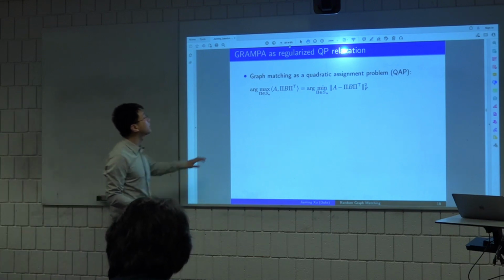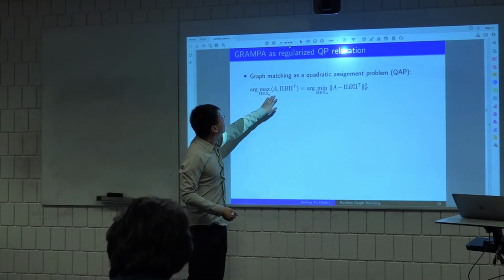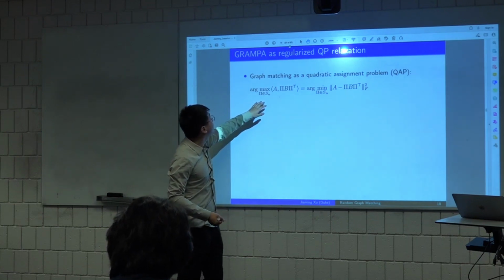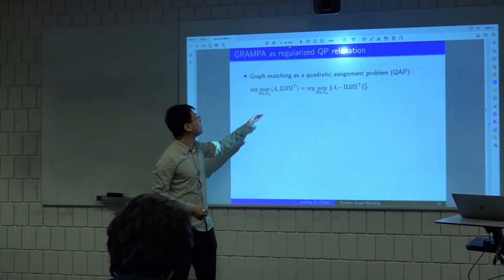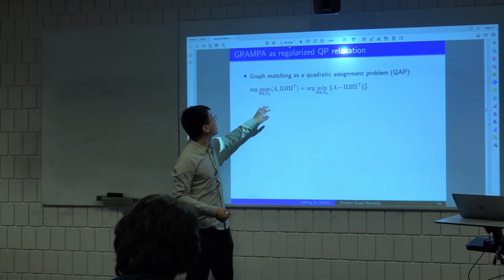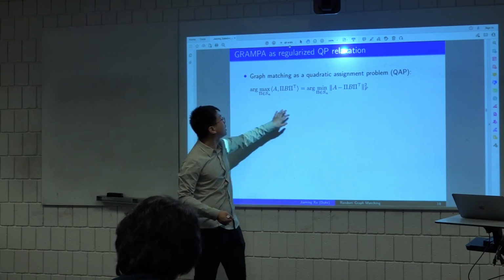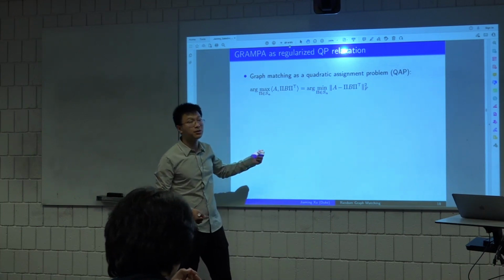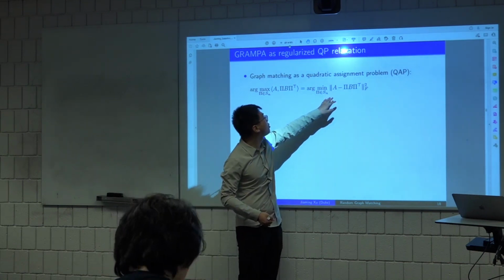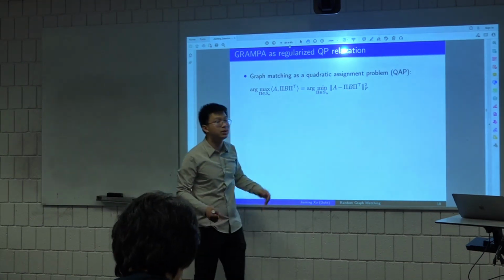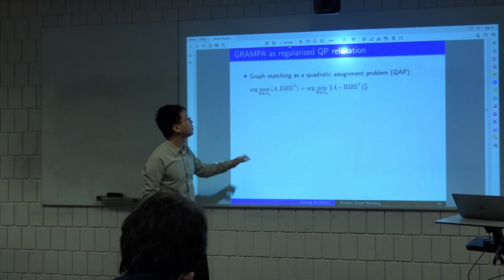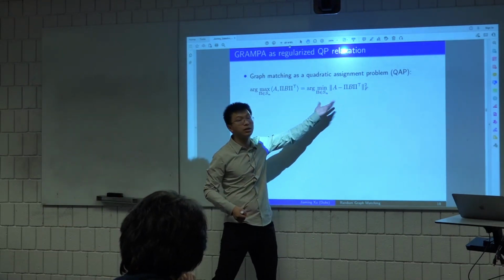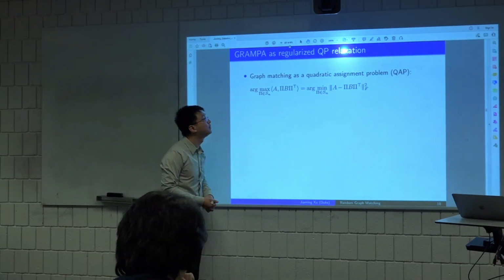So let me explain to you. Here, the original form is given by the inner product between A and the permuted version of B. If I want to maximize this inner product, it's definitely equivalent to minimizing the difference, right? Because the Frobenius norm of A and the permuted version of B are going to stay the same. So the only thing that matters is the cross term, the inner product, right?